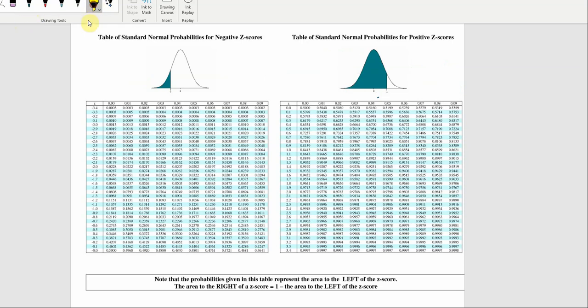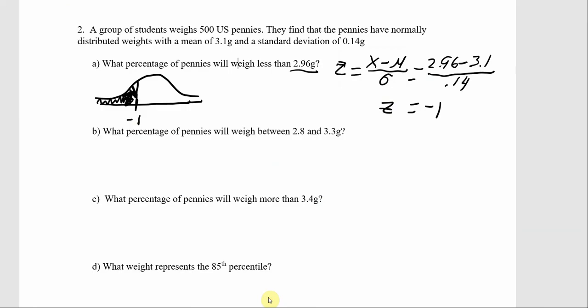So -1.00, it's this guy right here, 0.1587. So this area right here is 0.1587. Or the answer to the question is about 15.87% of pennies will weigh less than 2.96 grams.